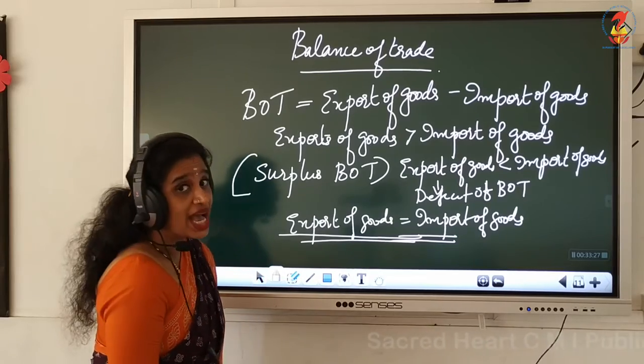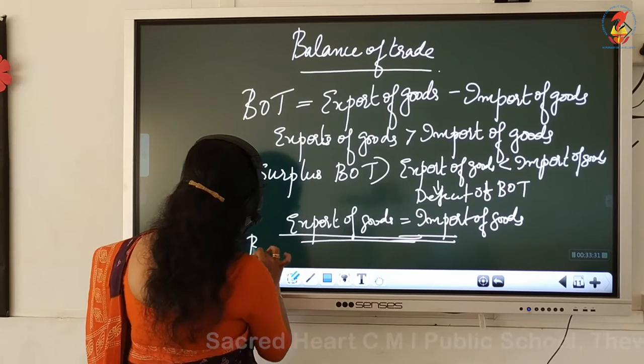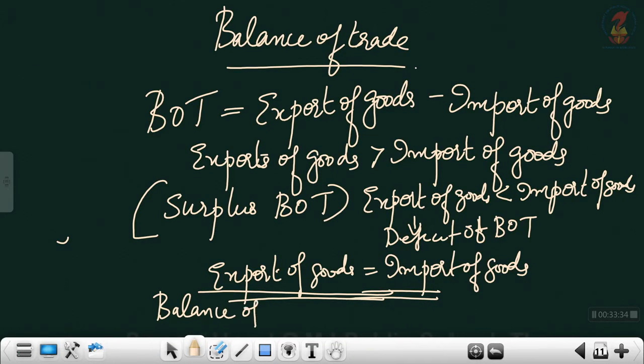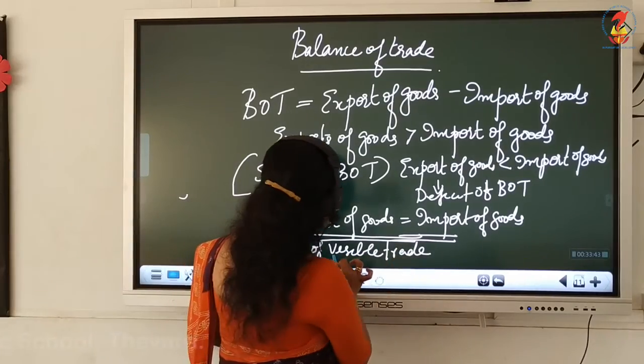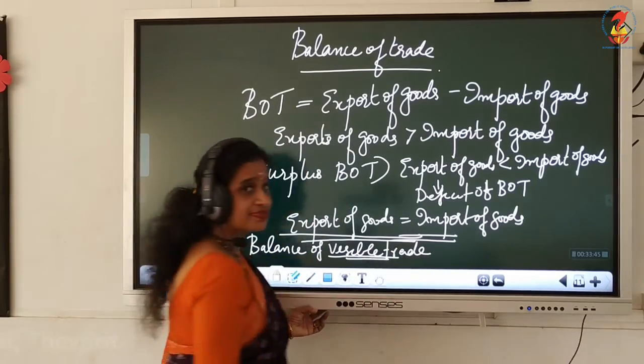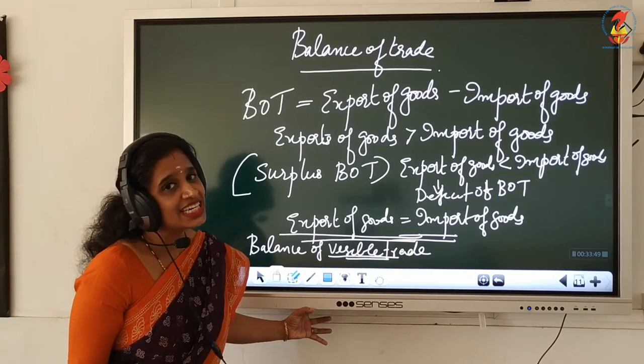It is known as balance of visible trade. So, if these two are equal, we can term it as balance of visible trade, or balance of visible items.